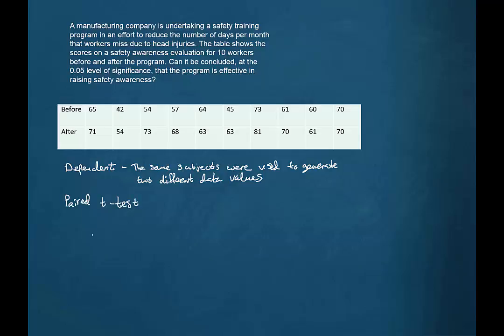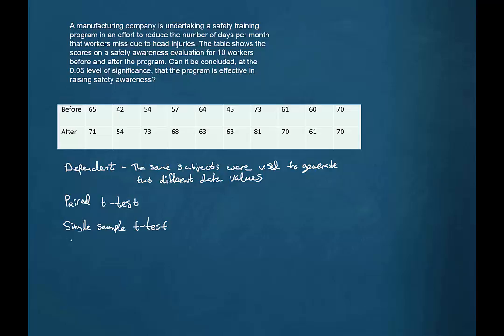And when we conduct a paired t-test, this will actually turn out to be a single sample t-test, where the sample consists of the correlated before and after differences. And we could orient that in any way we want.